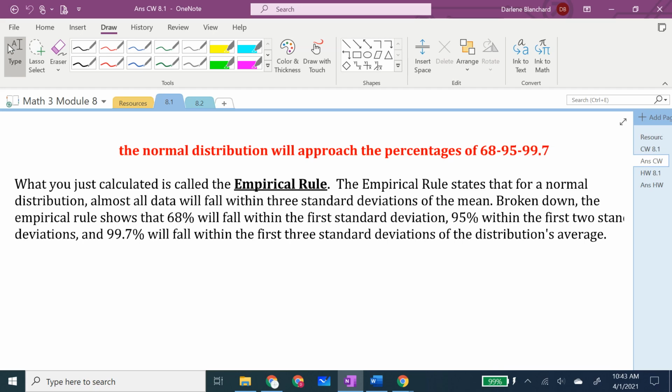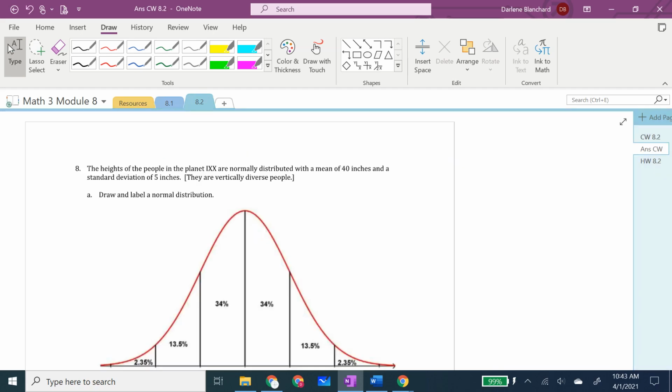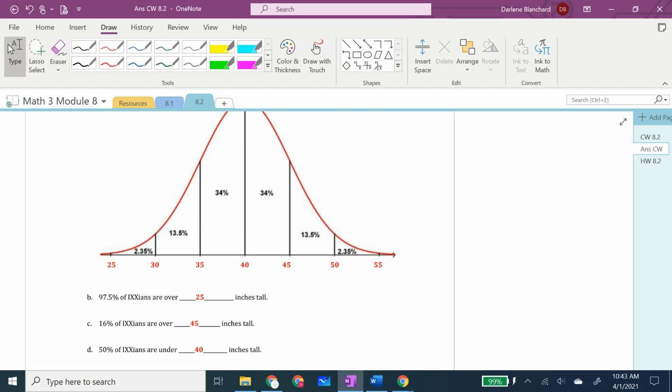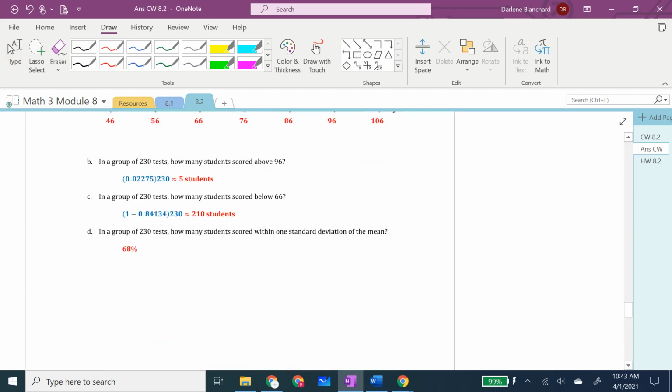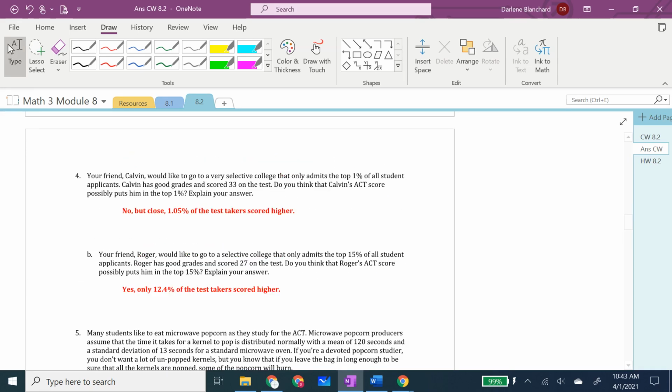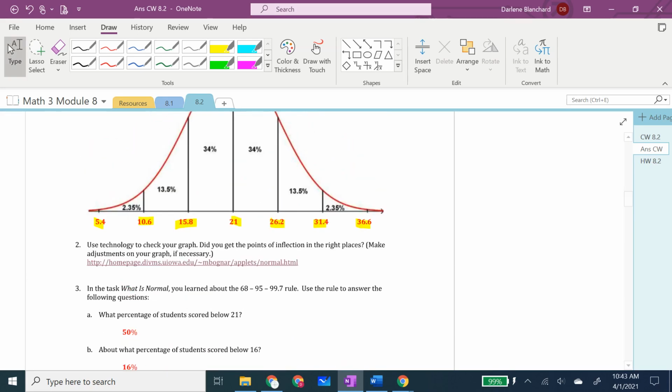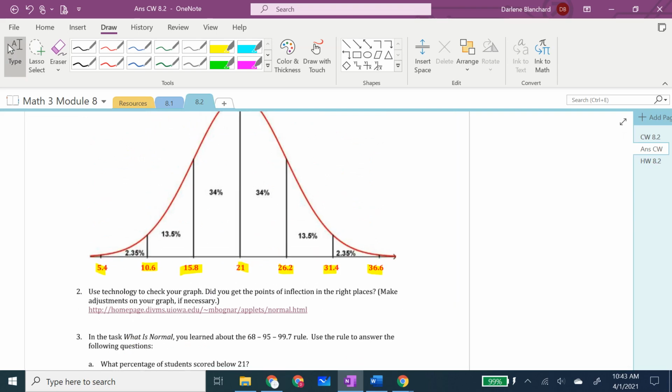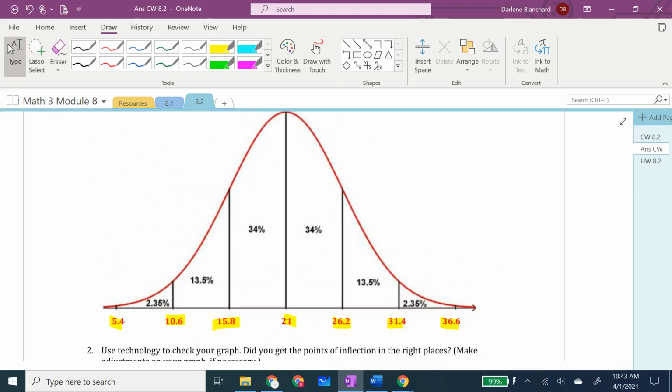So 99.7% of your ACT test takers fall within that range, but there are some more people on these outer edges. It is 0.3%. It is a very, very small amount that are outliers.